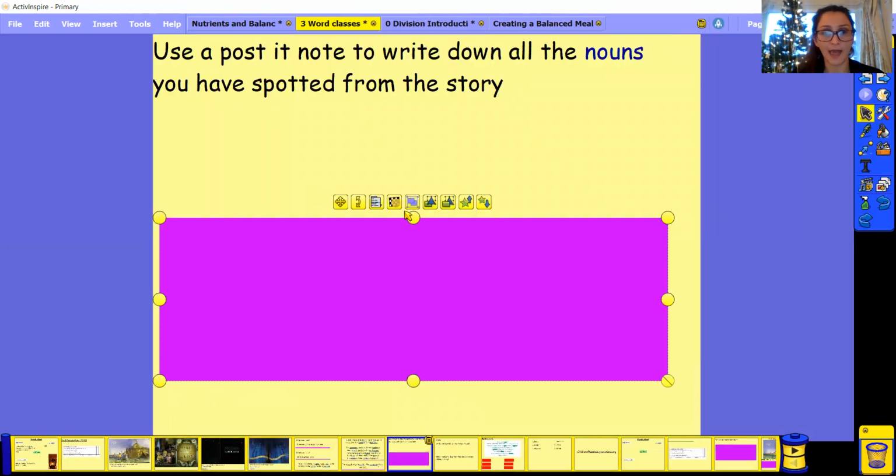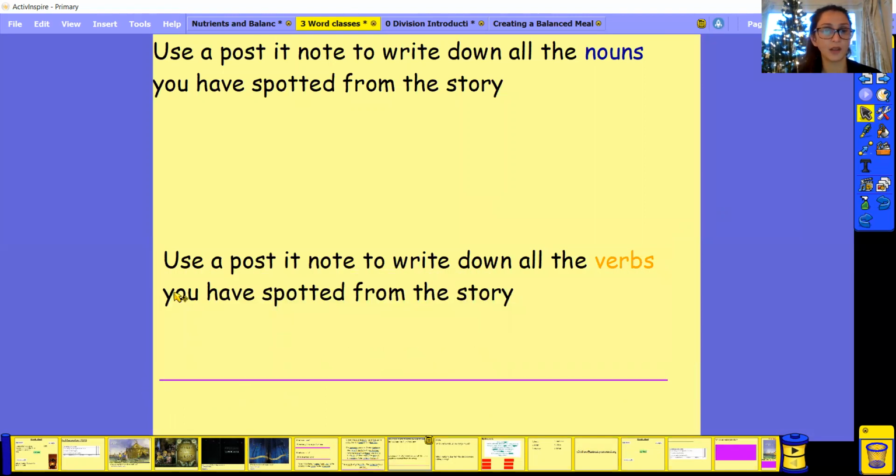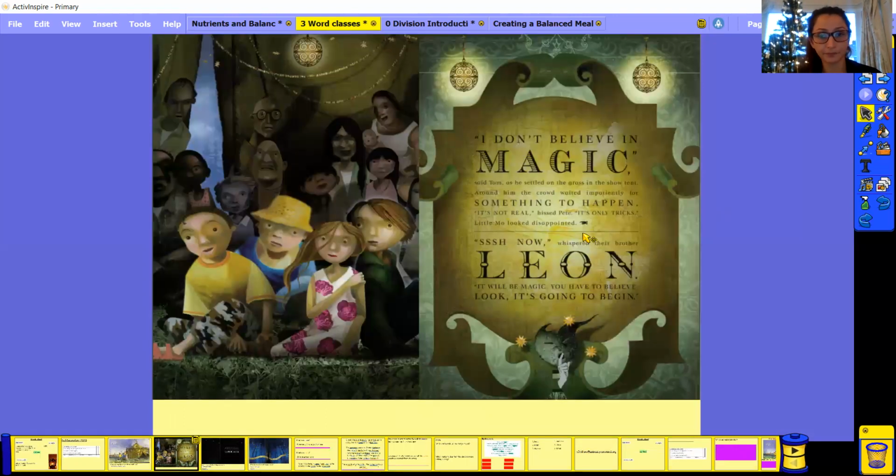Okay, and then you're going to use another piece of paper, or maybe a different section underneath. You can write all the verbs you have spotted from the story. So again, I'm going to come back to this. Remember, all the verbs are the action words. So have a look in this section. If you need to rewind me from me reading it again, that's fine. See if you can see any action words here. You can give it a quick pause if you need to.